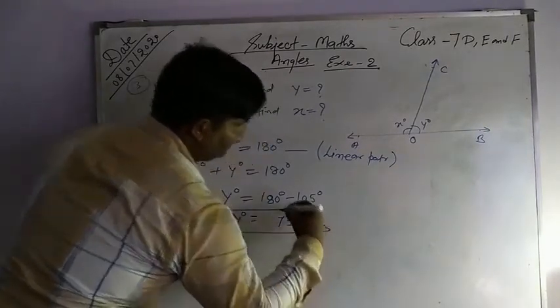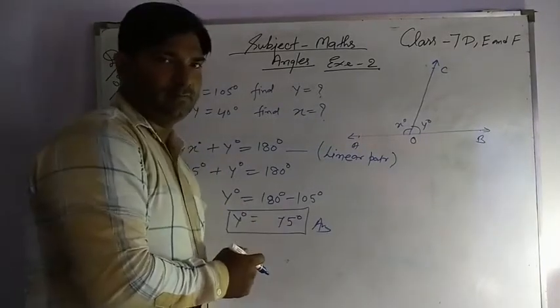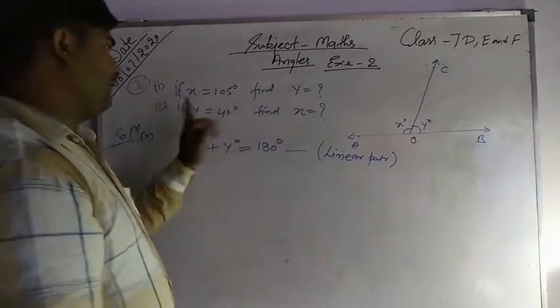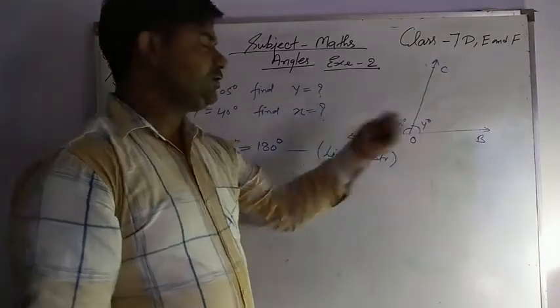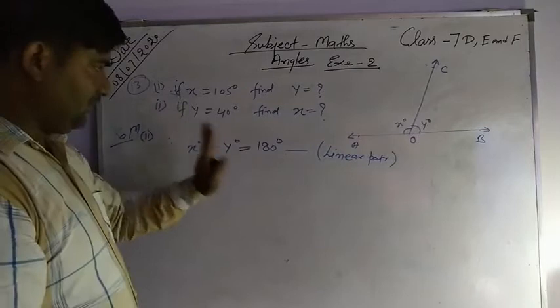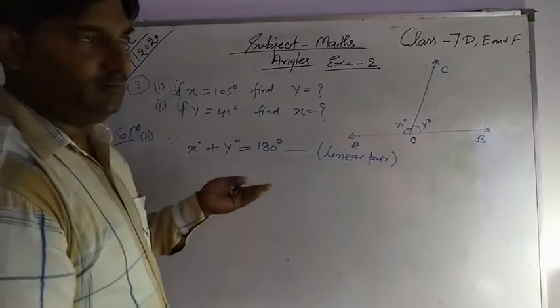Write this down in your copy. Now we are going to solve the second part. If y is equal to 40 degrees, again they form a linear pair. So here we write x plus y is equal to 180 degrees. But now in the second part the value of y is given and we are going to find the value of x.